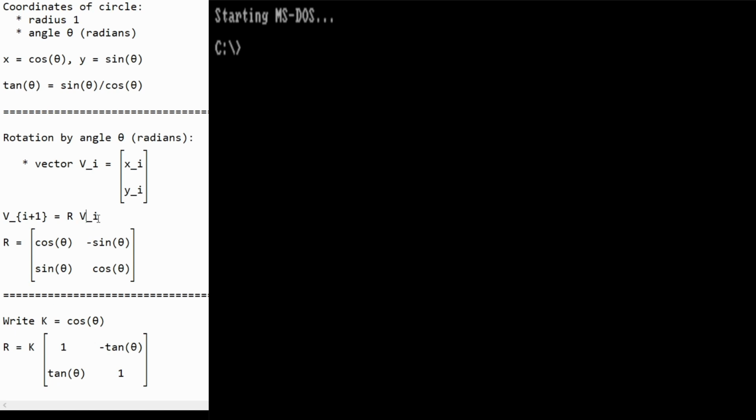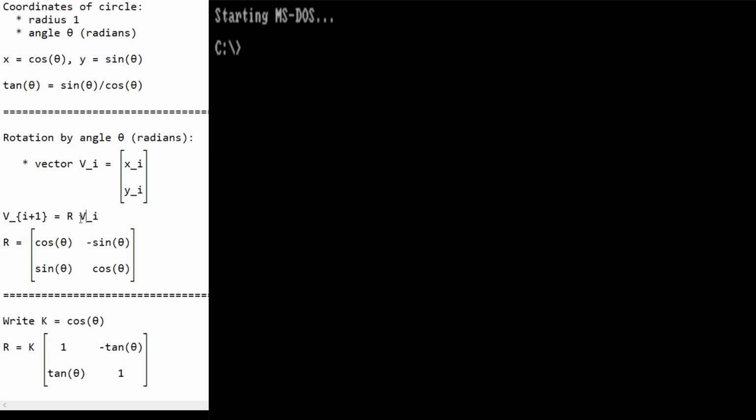So here is our original point that we started off with, and here is our rotation matrix R, which I've written out here. And the result of this computation, this matrix vector multiplication, which I need to explain, is precisely the rotated point. So it'll have coordinates x_{i+1} and y_{i+1}, and they'll be the rotated coordinates.